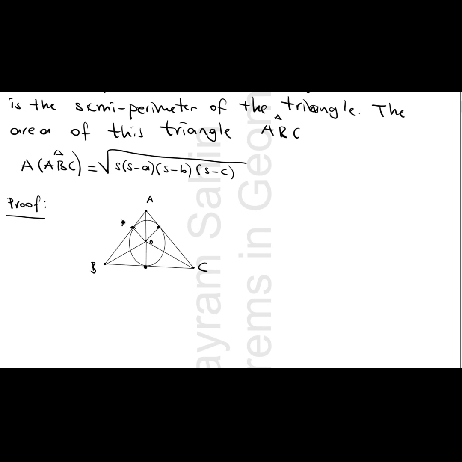So this one is D, this one is E, and this one is F. Now, let me extend the side like this. So now I draw a line segment here, and let's say this point is K, and DA is equal to CK. So I can draw this length.